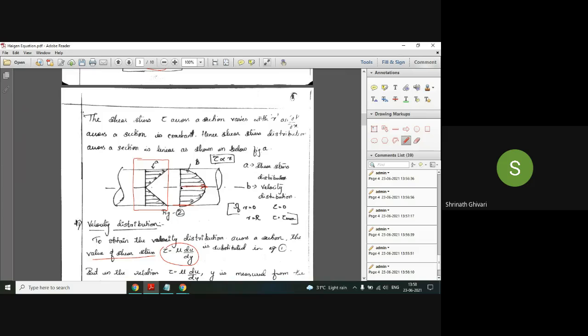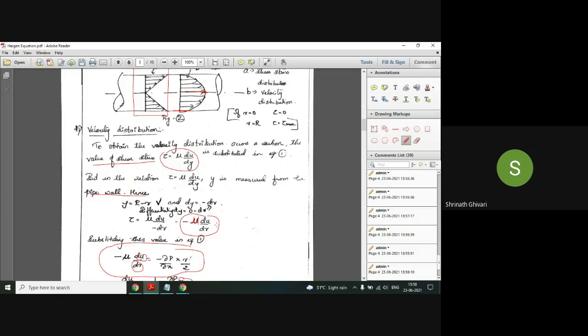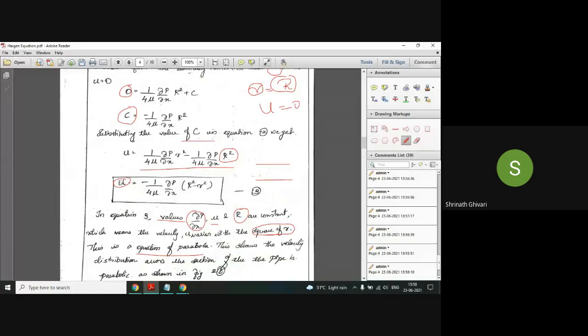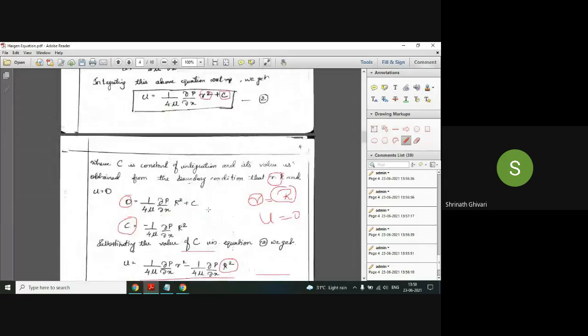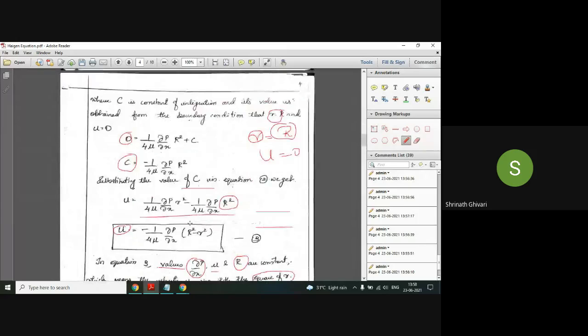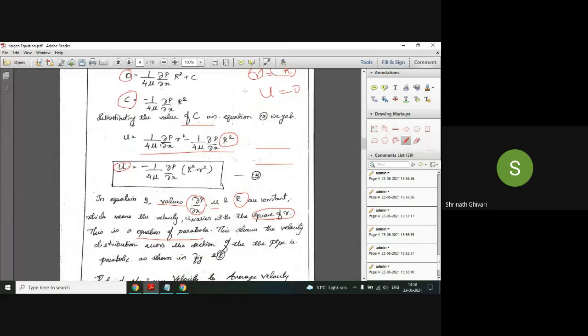At the center it is maximum, and again when it moves towards the circular pipe wall, then the velocity goes on decreasing. So this is obtained by the expression from this. Okay, as u increases, r square decreases. u varies with r. Okay, so these are the two: one is velocity distribution and the other is shear stress distribution.